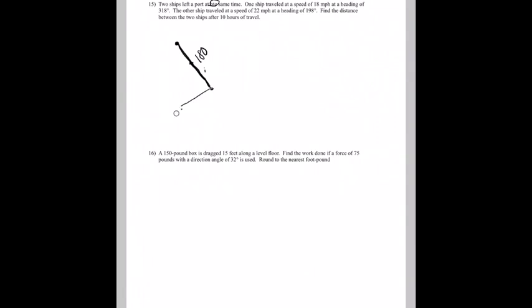So this ship has gone 180 miles in this direction. And then 22 miles per hour times 10 hours would be 220 in this direction, so it's a little bit longer.